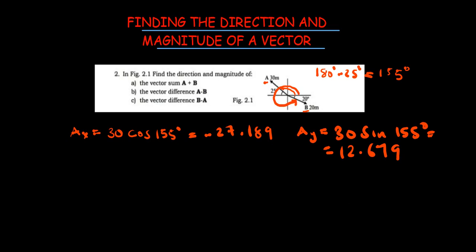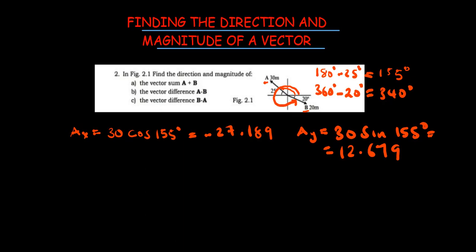Since it sits in the fourth quadrant, it's 360 minus 20 degrees, which equals 340 degrees. From there, what do I do next?